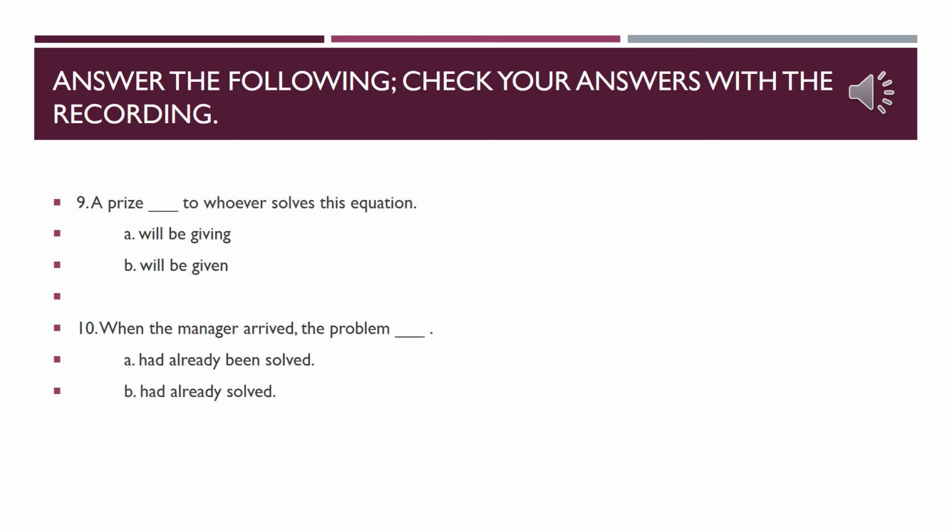A prize will be given to whoever solves this equation. This is about, do you recognize how to form it? So will be, verb 3. And number 10, when the manager arrived, the problem had already been solved. Yes, someone solved the problem. We don't know whom. So that is your first engagement with the passive. Let me know how it went.